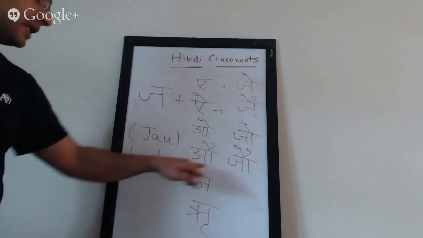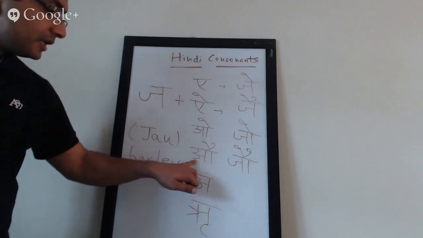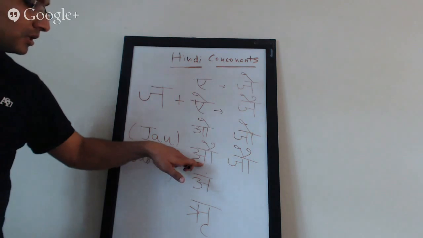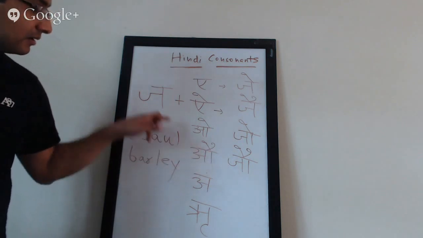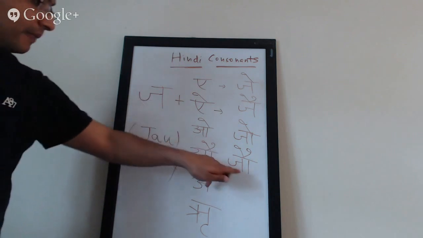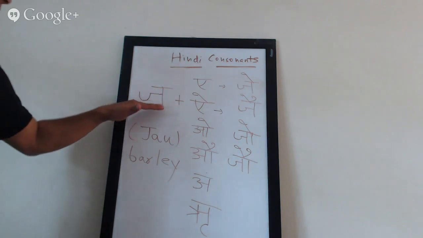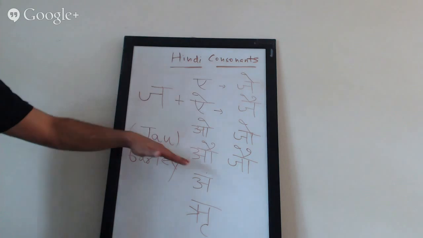Barley in Hindi is jau. Again, if you look at this particular vowel, the simplest way to remember is to replace this with your J, and that would be your jau. That would be the outcome of adding the O sound on J.